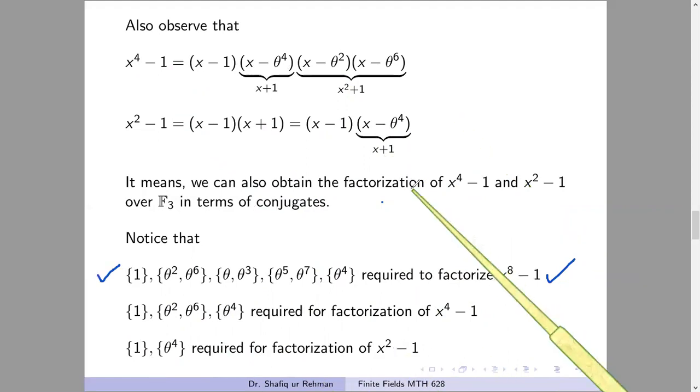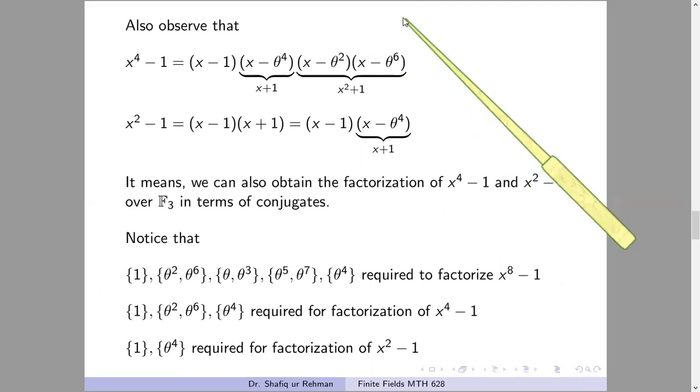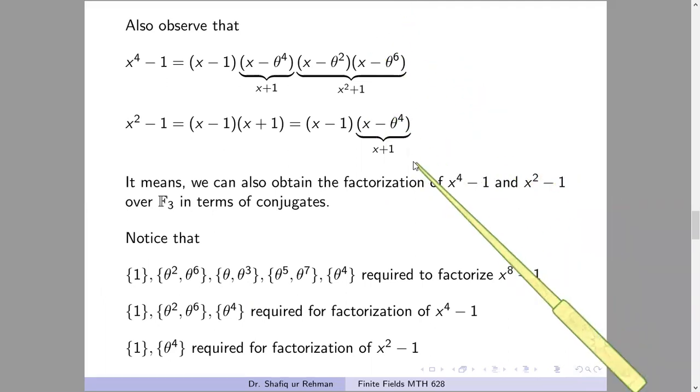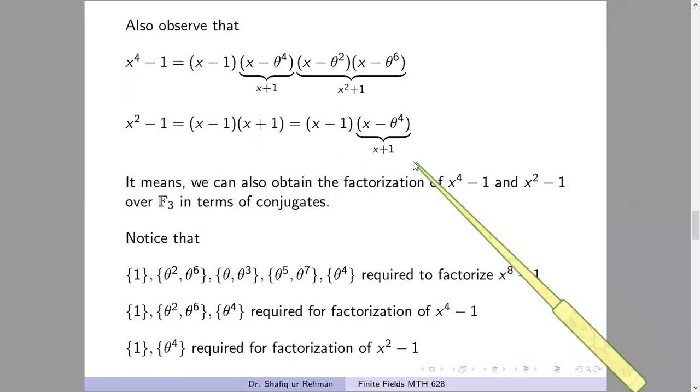Now let us see what is in another slide. And now the question arises in general. This is an example. From the example, we get some observations and some ideas of how things are working.